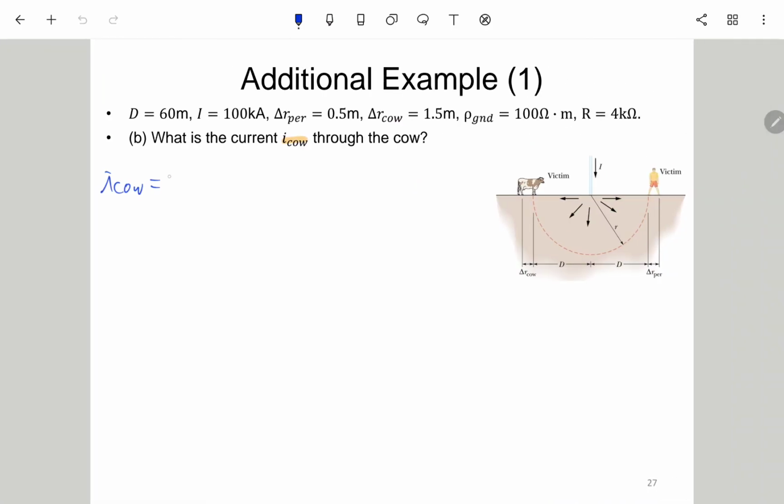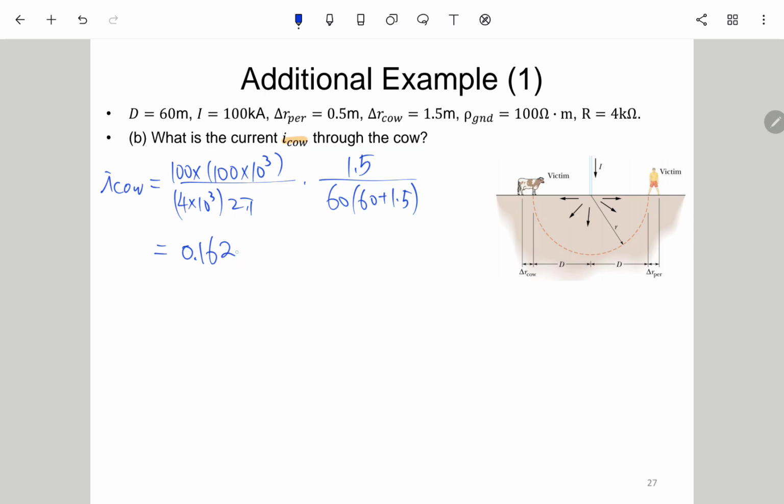It becomes 100 times 100 times 10 to the third power, and then here we also have 4 times 10 to the third power, and then 2 pi, and then delta R cow is 1.5, so this is 1.5 over 60 plus 1.5. So the value is 0.162 A.